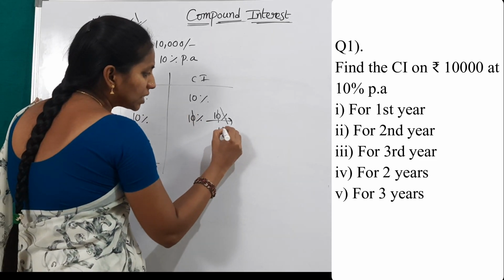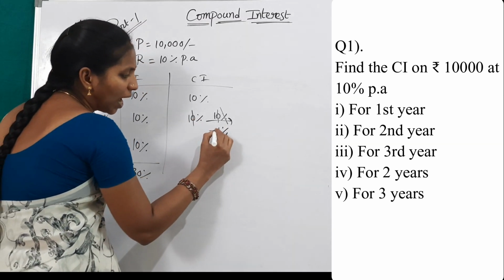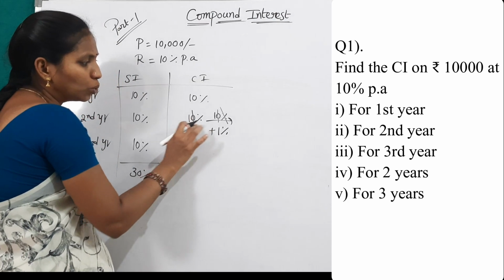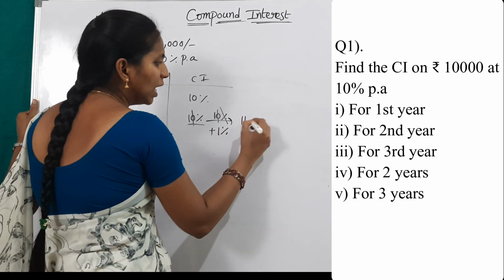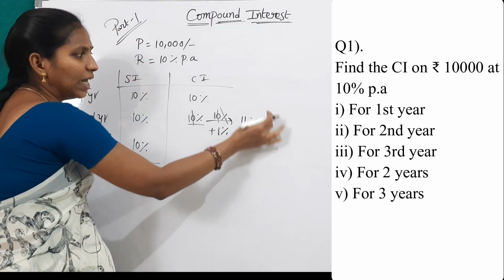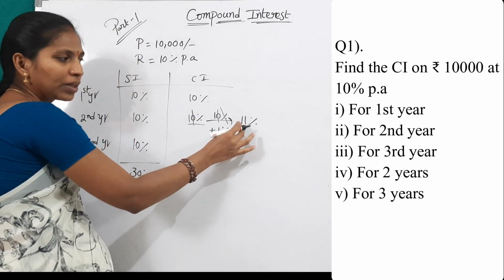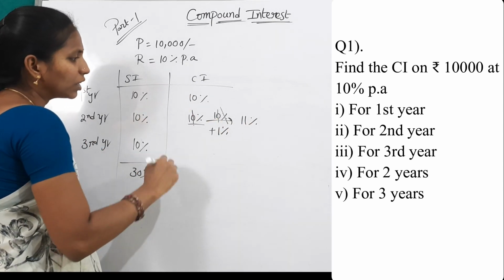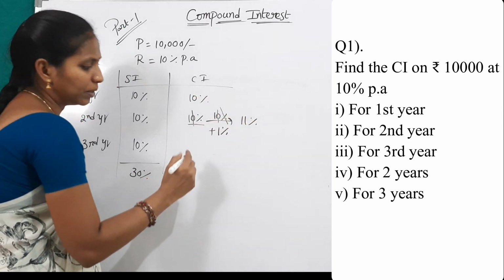Then 1%. Add this 1% to this 10%. So what is the result? 11%. For the second year, the rate of interest in compound interest is 11%.